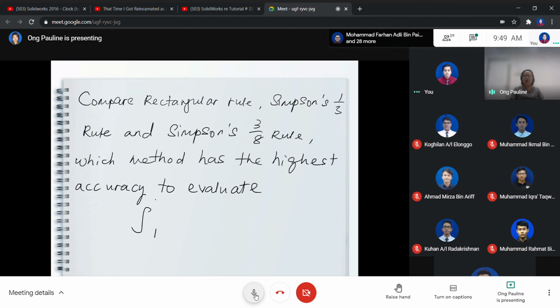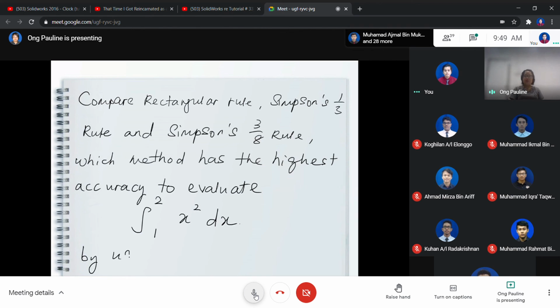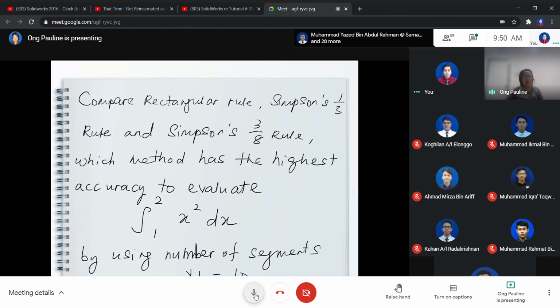So let's say the integral of 1 over 2, x squared dx, by using the number of segments M equal to 10. Right. Okay, so this is what I created on the spot.